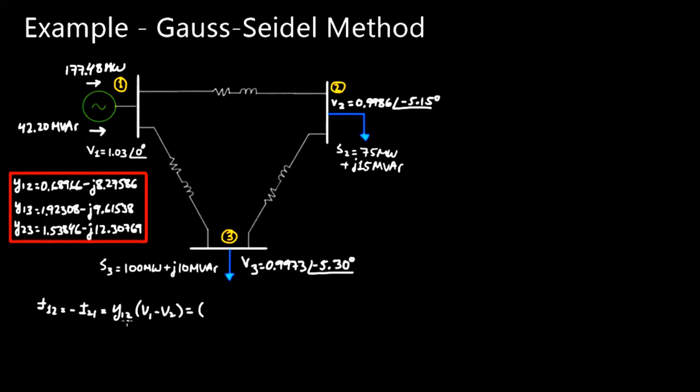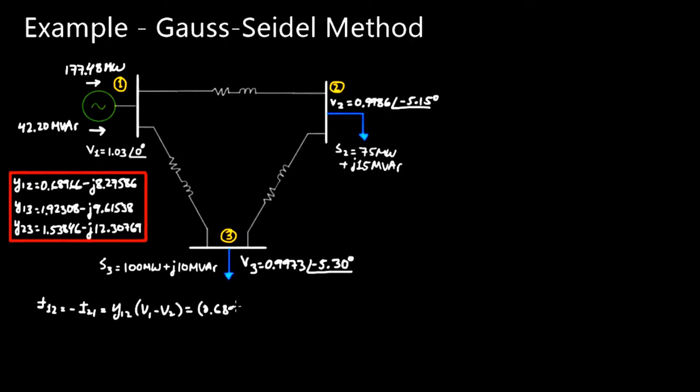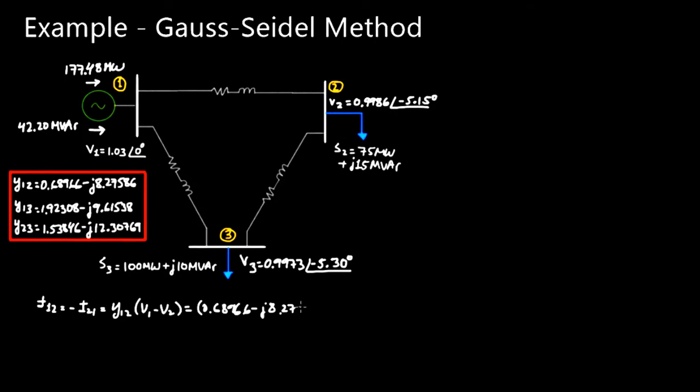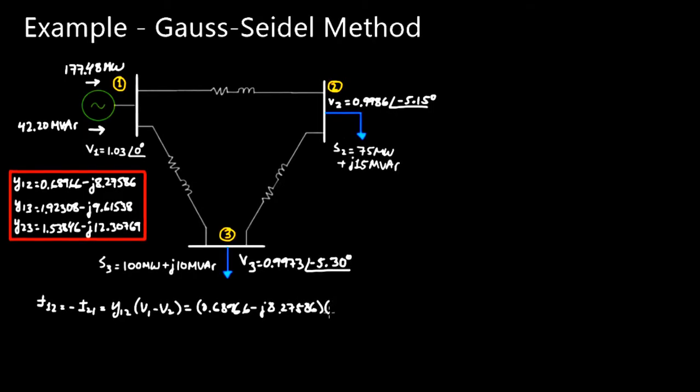Y12 is equal to 0.68966 minus j8.27586, times V1 minus V2.